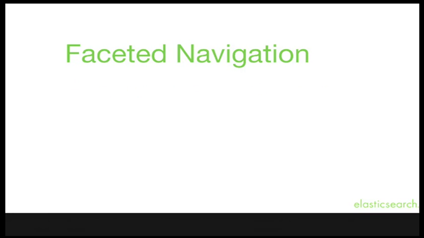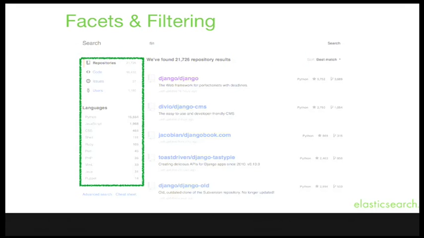So the first example, the most commonly associated with search and with this type of thing, is faceted navigation. When you search a website, let's say a website designed to store code, and you do a search, and I'm using this example because, yes, GitHub is actually using Elasticsearch for that. And you type something in. You get the list of results in the middle. That's great.